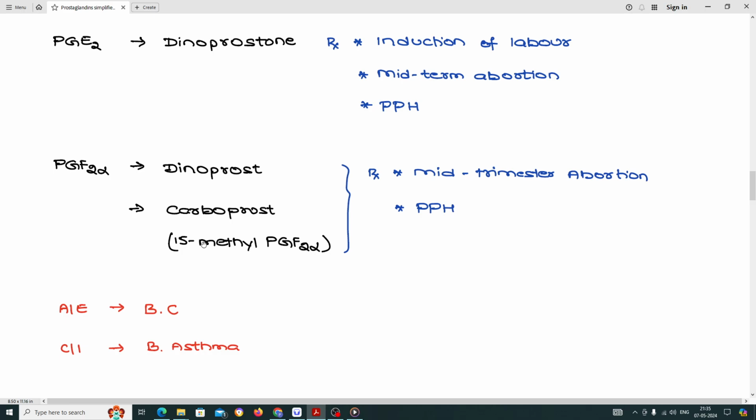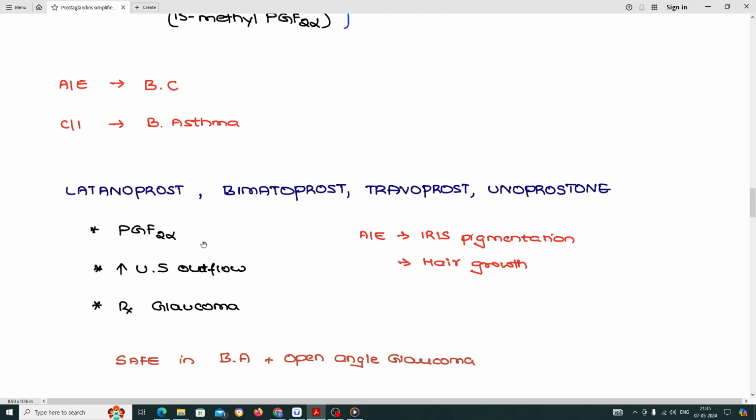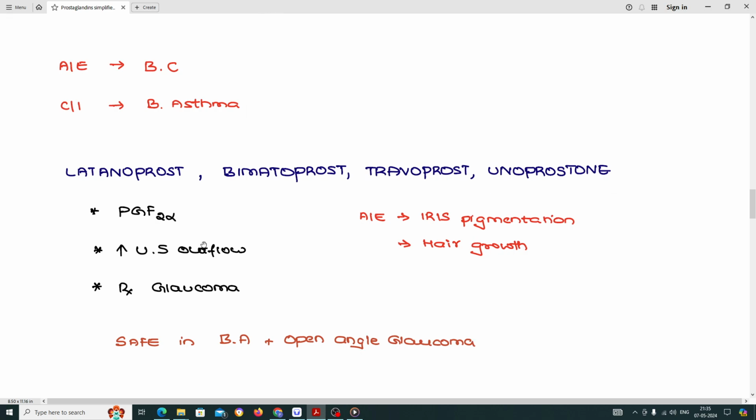bronchial asthma. Coming to the special drugs which are used in the form of eye drops, that is latanoprost, bimatoprost, travoprost, and unoprostone, which are prostaglandin F2 alpha analogs, which basically increase the uveoscleral outflow. That means they increase the aqueous humor outflow by increasing the uveoscleral outlet, thereby reducing the pressure inside the eye.